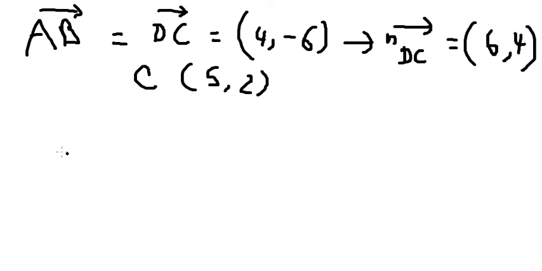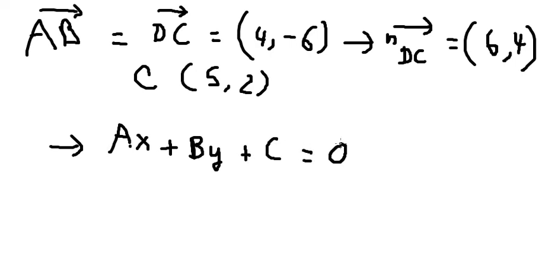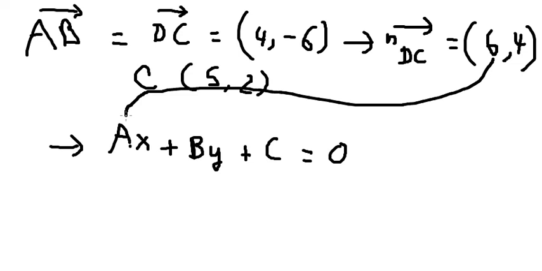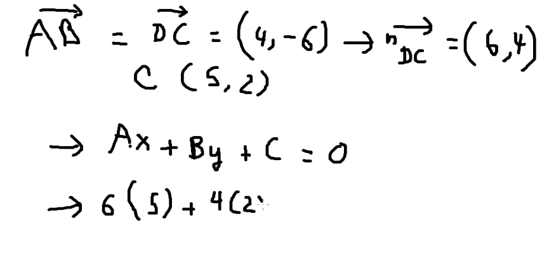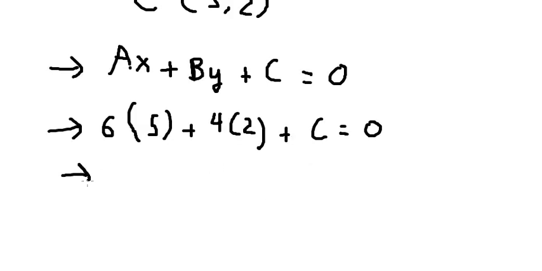So in this situation, we have Ax plus By plus C equals 0. So we put 6 here, 4 here, 5 here, and 2 here to find the value of C. So we can find the value of C in here.